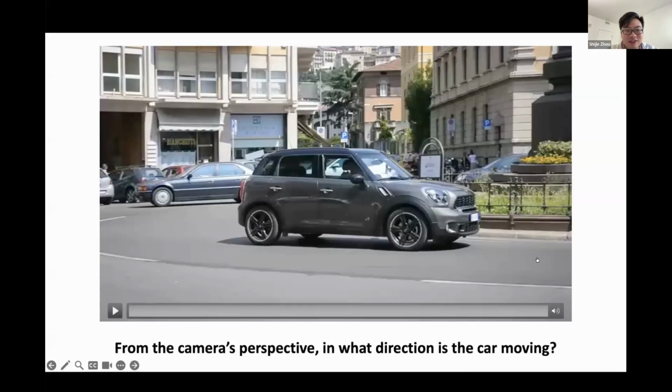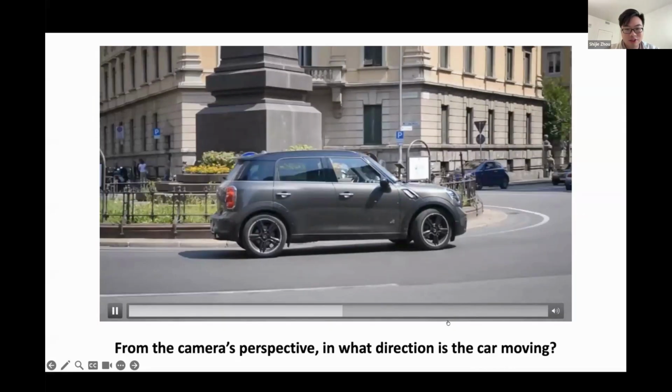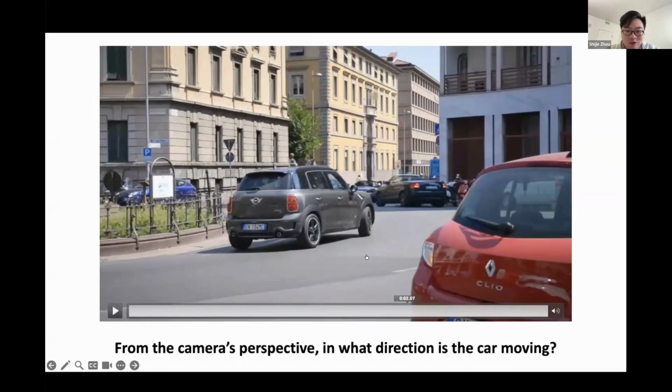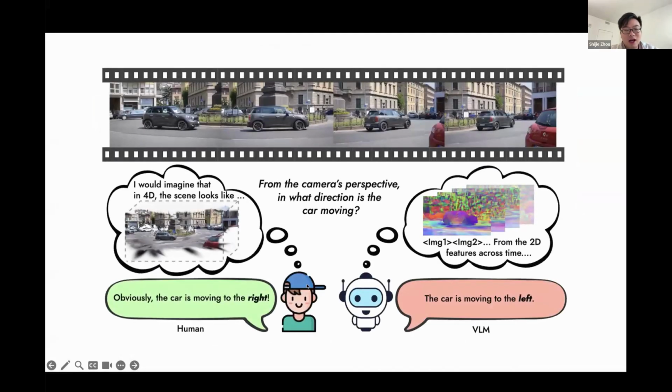Let's look at another example. From the camera perspective, what direction is this car moving? I believe everybody will say it moves to the right, because as human beings, when we reason in space plus time, which means reasoning in 4D space, we basically have a reconstruction stage in our mind, a global context of how the global scene is operating.